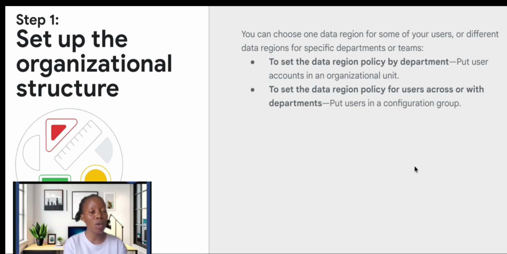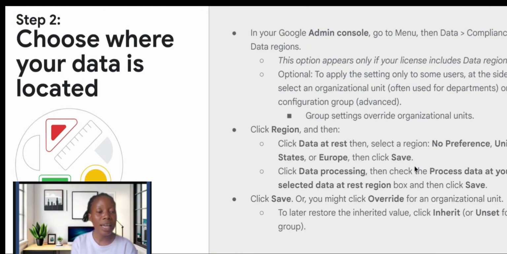So how do we get to choose our data region in Admin Console? You go to Admin Console, you go to menu, then data and compliance, then region. This option appears only if your license includes data region. The licenses that include data region are Education Standard and Education Plus. So every other edition you might be running will not include this feature and you may not be able to set it up.